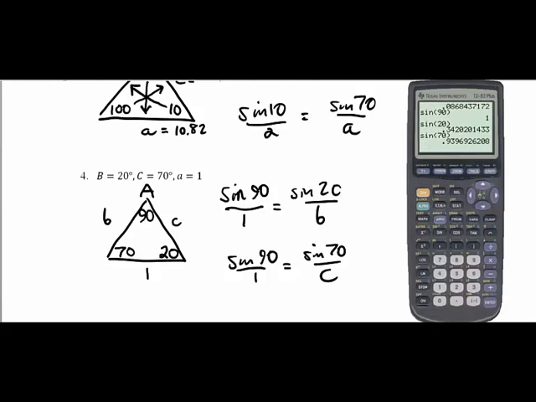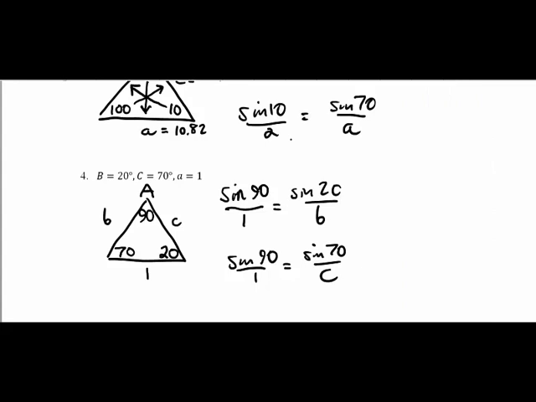So, geez, that was kind of wild, because this problem shows you that you actually can use the law of sines on right triangles. You don't have to use Pythagorean theorem or SOHCAHTOA trigonometric properties. It's kind of cool.